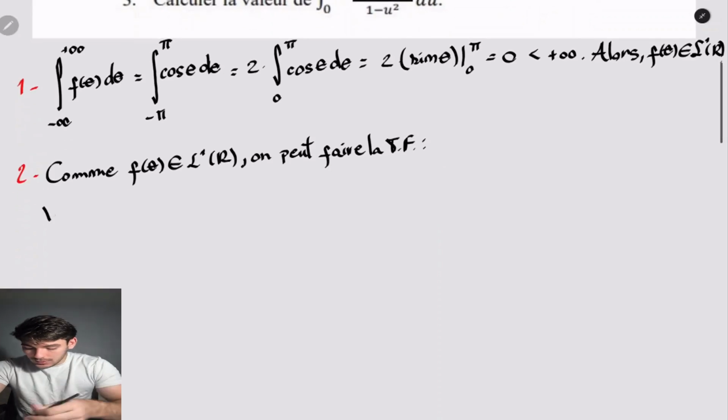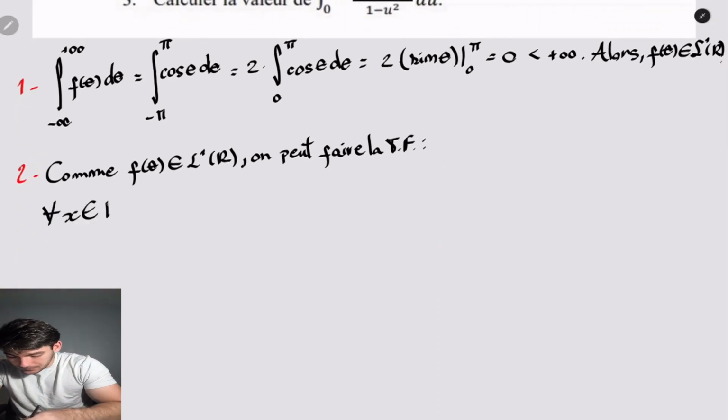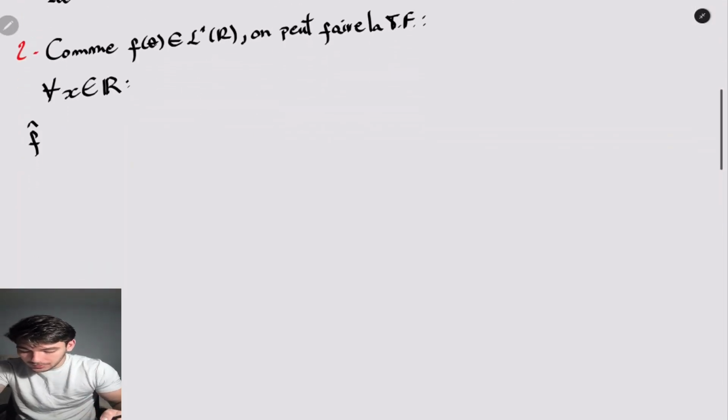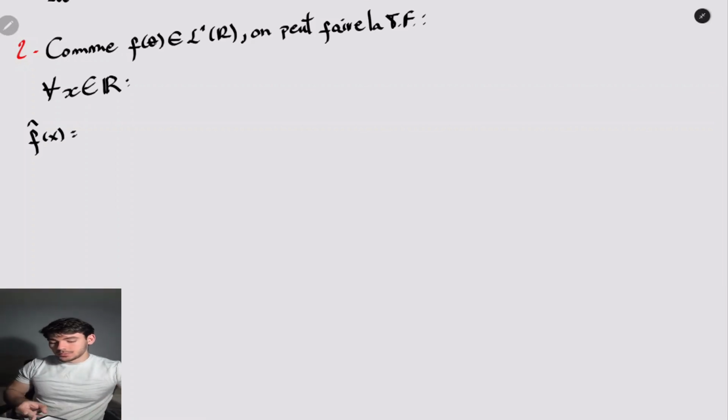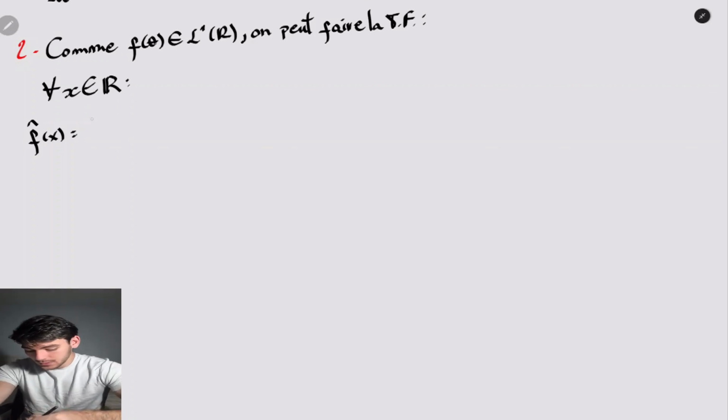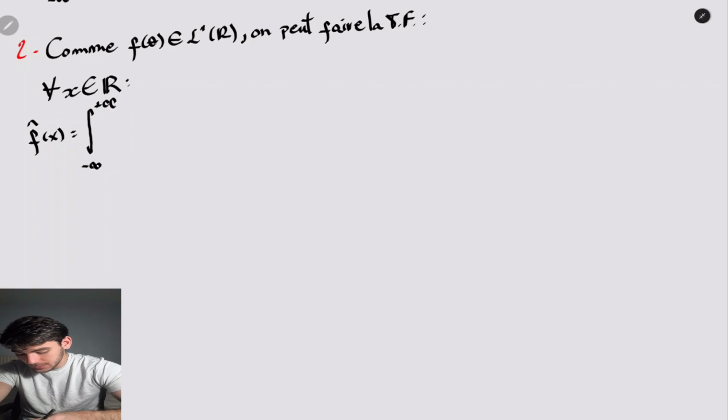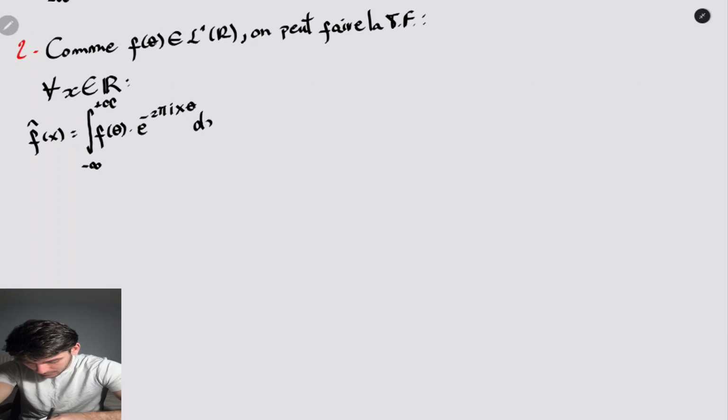Okay, so for all values of x belonging to the real numbers, the Fourier transform will be, so now we're just going to write down the formula. The integral between minus infinity and plus infinity, so over the real numbers, of the function f of theta times the exponential of minus 2 pi i x theta d theta.